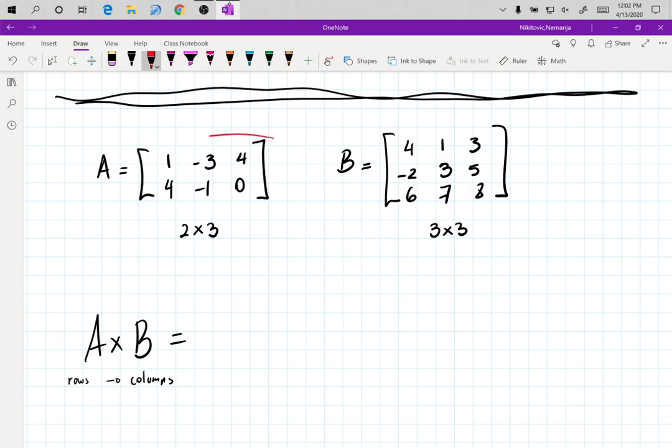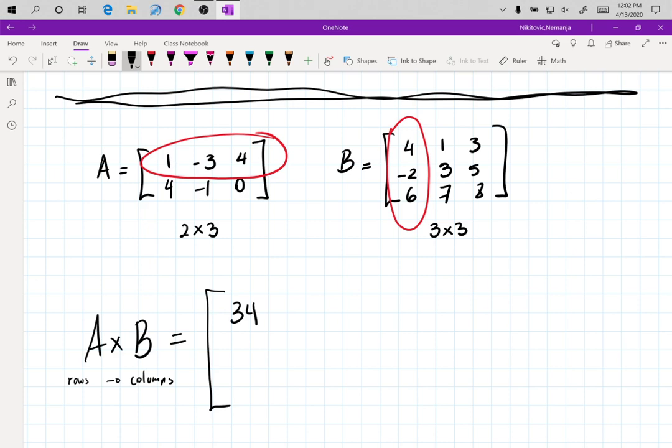So row onto column. I have 4 plus 6 is 10 plus 24, 34. 1 times 4 is 4. -3 times -2 is +6. 4 times 6 is 24. So together is 34. Good.